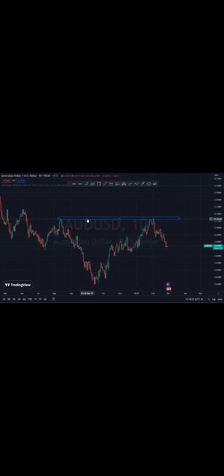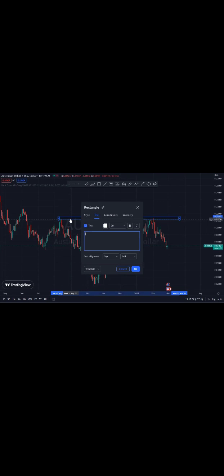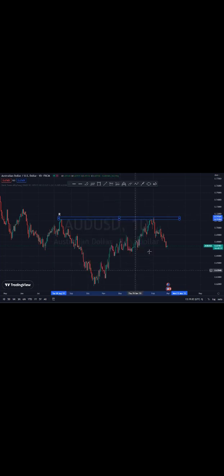Let me label this out for you guys. I'm just gonna put an R here so you know this is resistance. For those of you who don't know, resistance is a place where price fails to break above. As you can see here, price fails to break above here, and over here, price fails to break above.